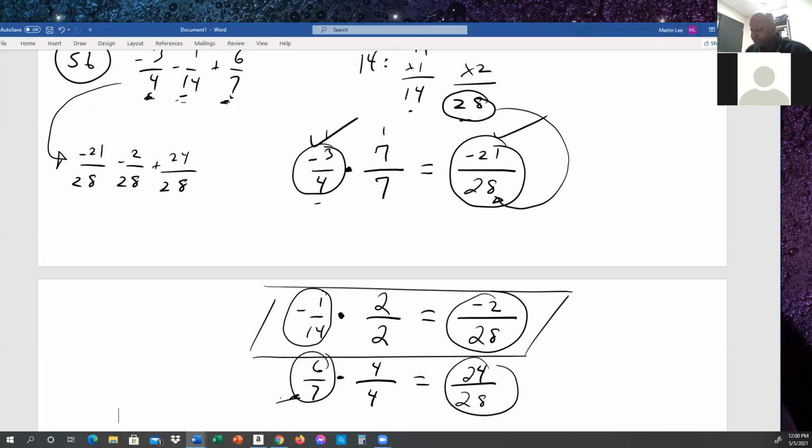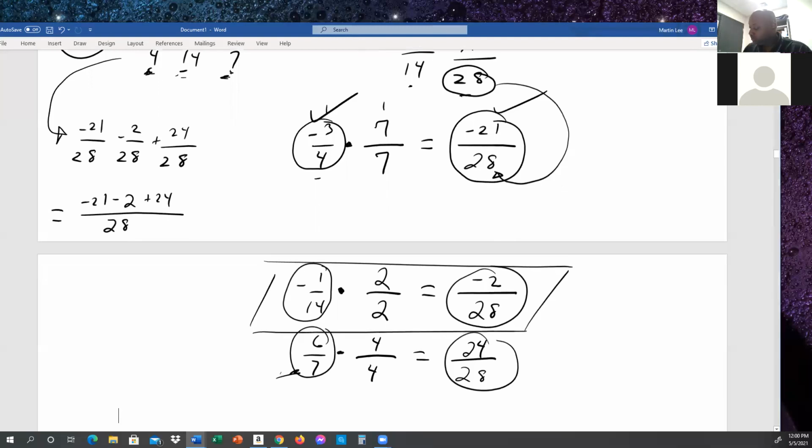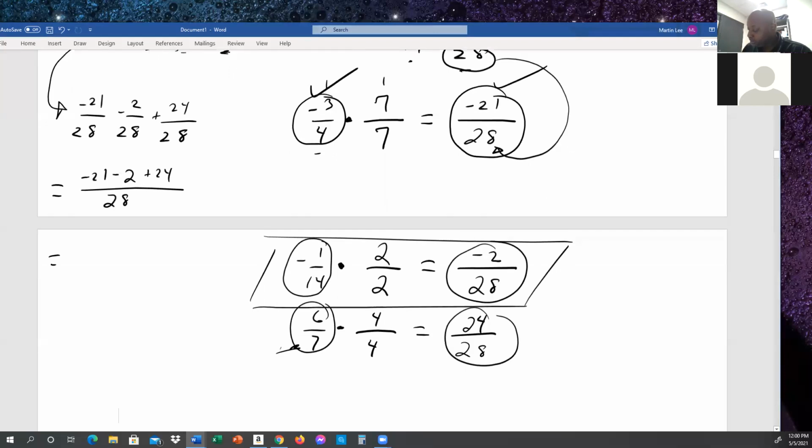Now we've got all 3 fractions with the same denominator, so now we can simplify this. I can write this as one fraction. 28 is my denominator. For my numerator, -21 minus 2 plus 24. -21 plus a -2 gives me -23.